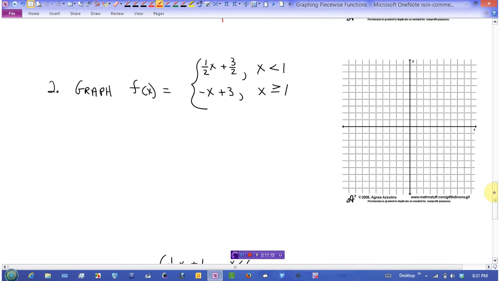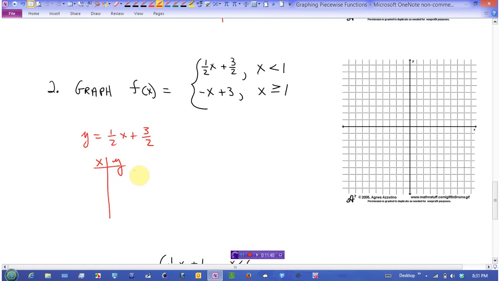So this one, I have two values, or two equations. I have one where I'm going to use y is equal to 1/2 x plus 3/2. And I will use values of x that are less than 1, but always use the transition point of 1. So x, y, let's do this table.